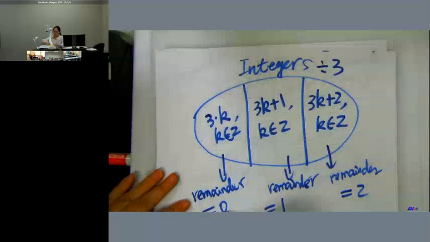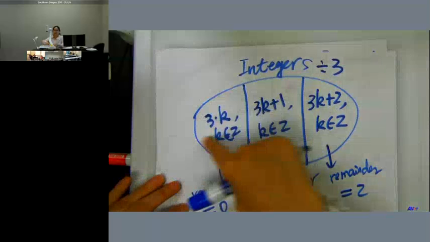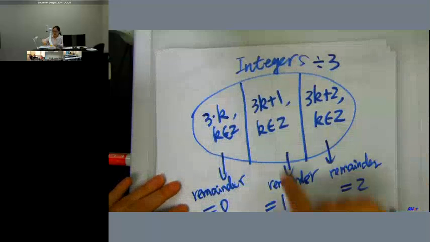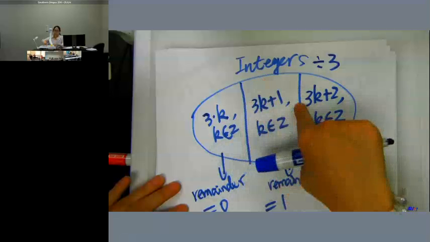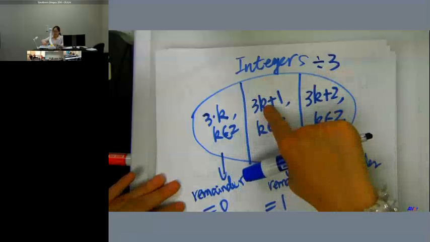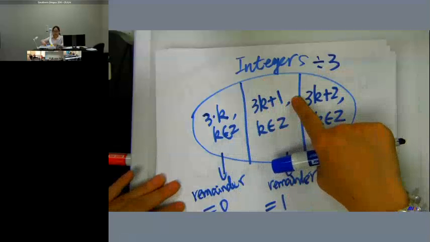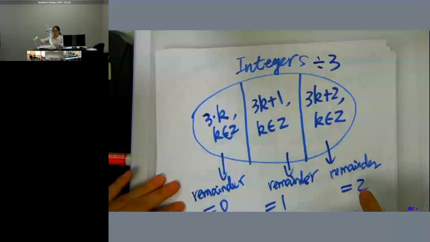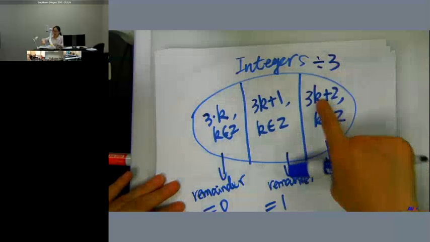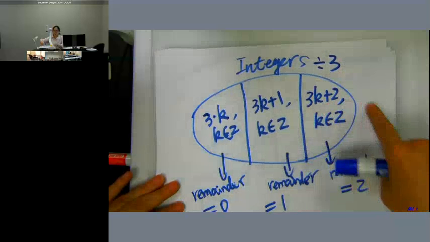If you take an integer and divide by 3, if you get remainder 0, that means that integer is 3k, a multiple of 3. Or if you get remainder 1, that integer is 3k plus 1, because 3 goes into this integer k times plus a remainder 1. Or if you get a remainder 2, that tells you that 3 goes into that integer k times plus a remainder 2, right?